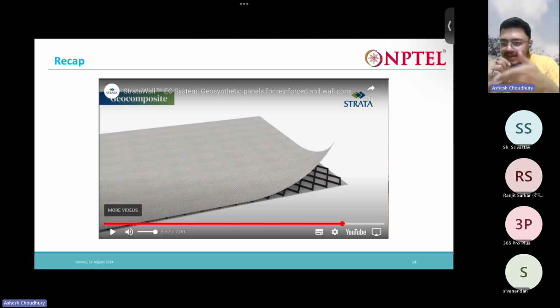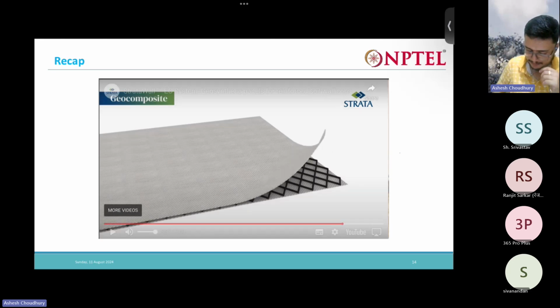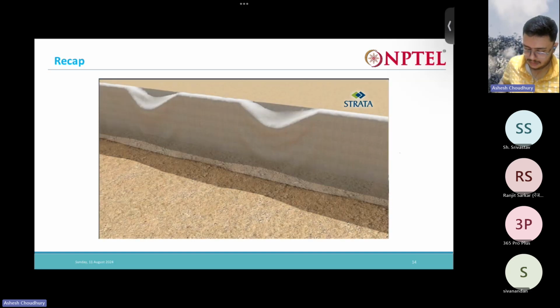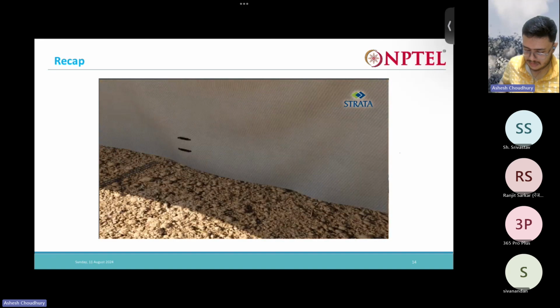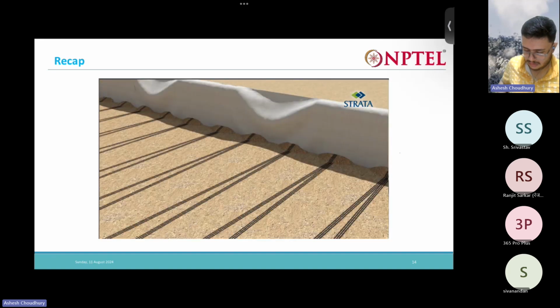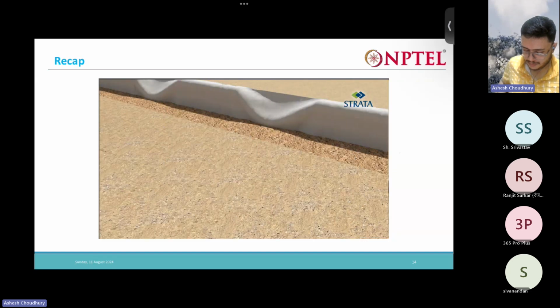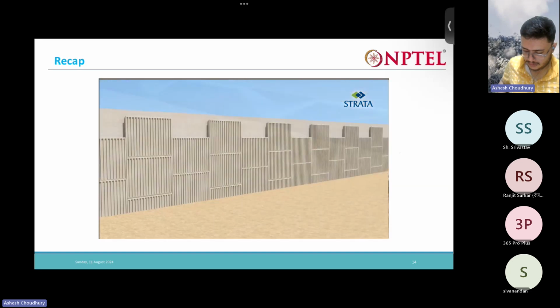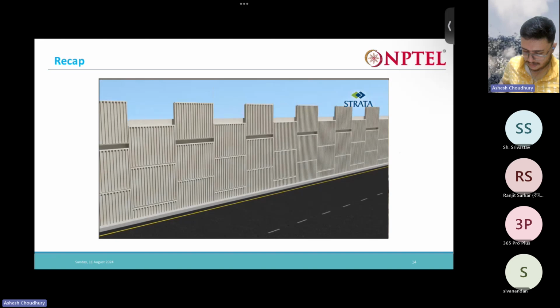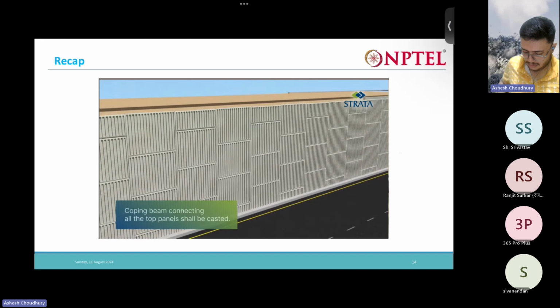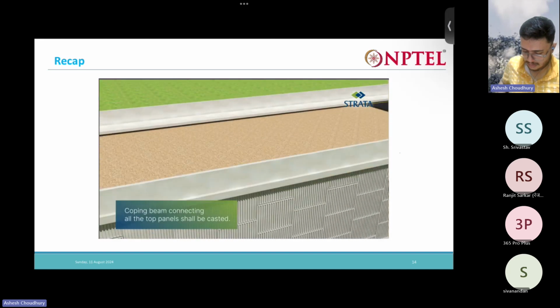The main purpose of the geonet is drainage, and the geotextile used at the top and bottom of the sandwich, the main purpose of that is filtration. Coping beam connecting all the top panels shall be casted.